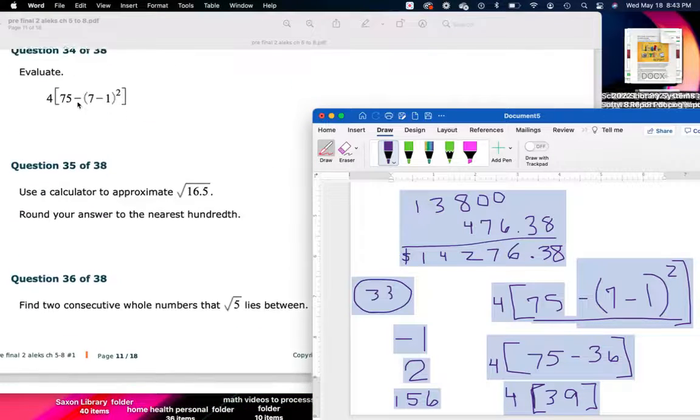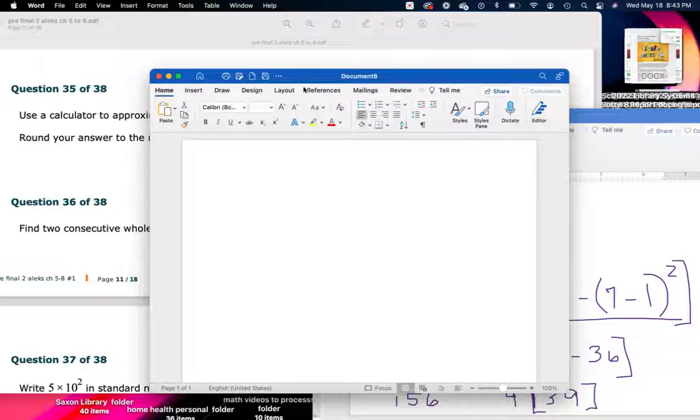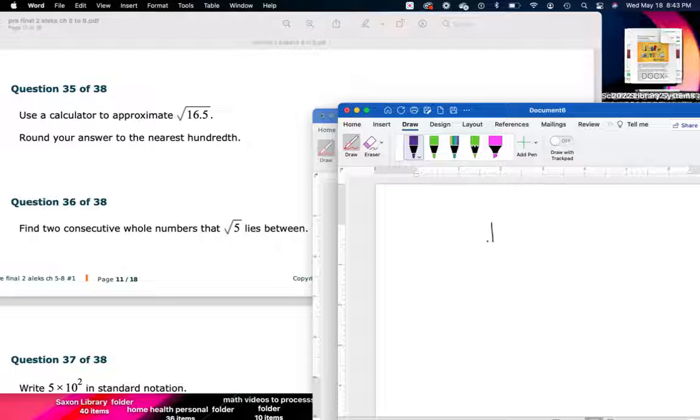Okay, so we are on question 35. Now, remember, I'm not going to let you use a calculator. I will ask you to tell me which 2 digits that one lies between. So let's do 16.5. The square root of 16.5 is going to lie between 4 and 5.